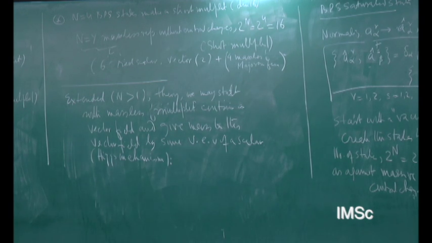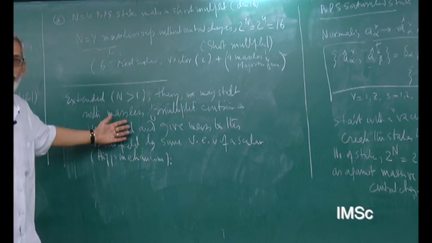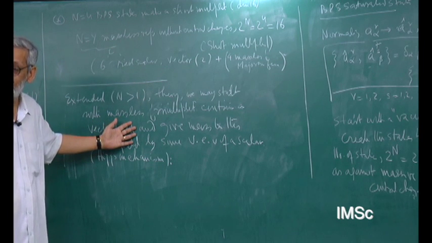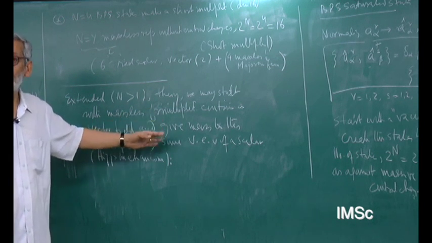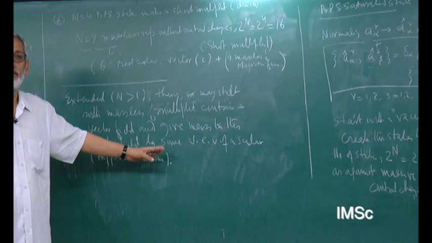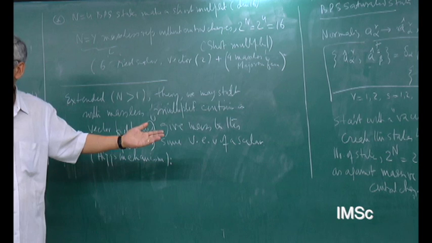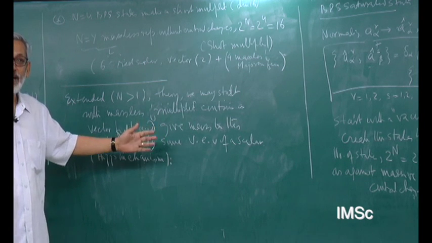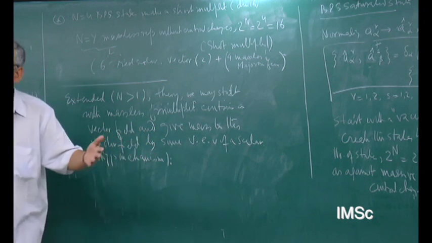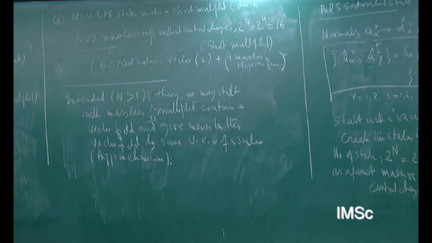So we would have a massless theory of n equal to 2 or n equal to 4, and we break it spontaneously through a vacuum expectation value of Higgs and generate a massive multiplet. And such a massive multiplet should have the same number of degrees of freedom as the massless one had.